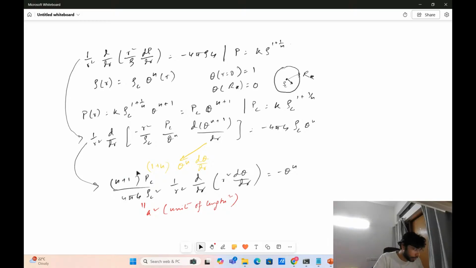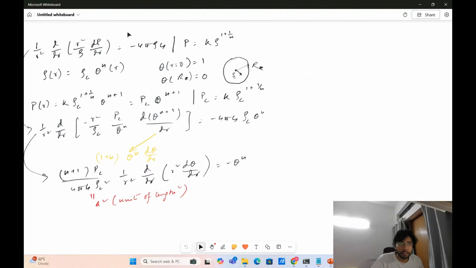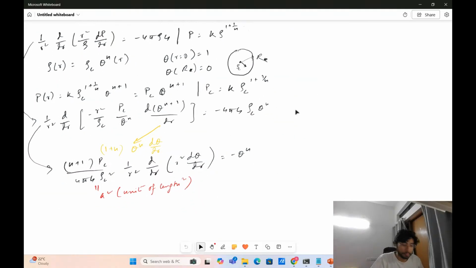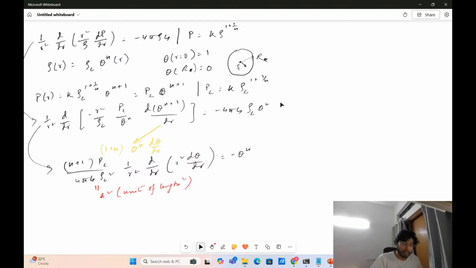Okay. Now we do another change of variables. We introduce another parameter which we call psi, such that r equals psi times a, where a is this thing.